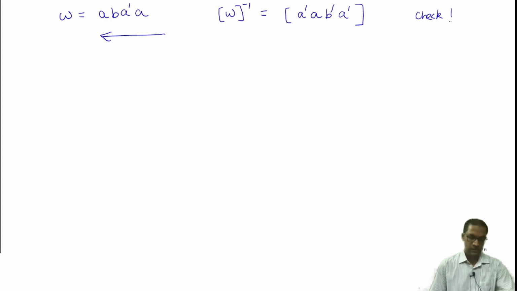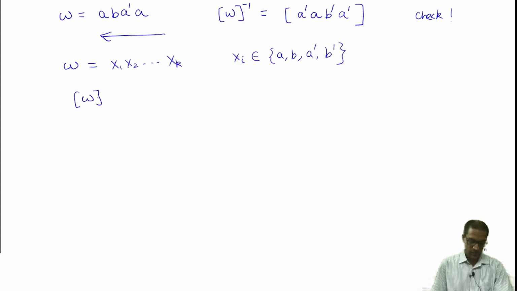Okay, and it's easy to write a general prescription as well if you wish: if W is a word which looks like x1, x2, up to xk, each xi is a letter, it's either A, B, A dash or B dash, then the inverse of W is just given by the equivalence class of, well, read it in reverse, so yk down to y1, and I change all the x's to y's, where yi is just the dash of xi.